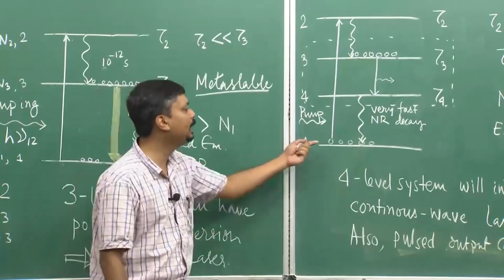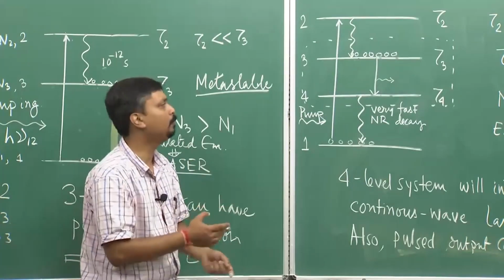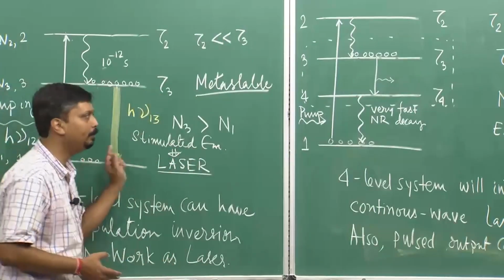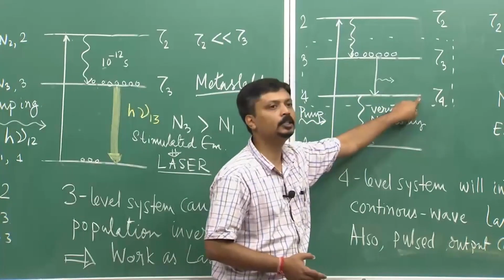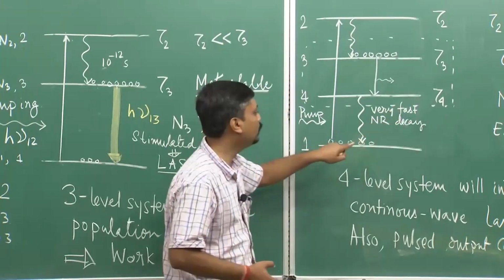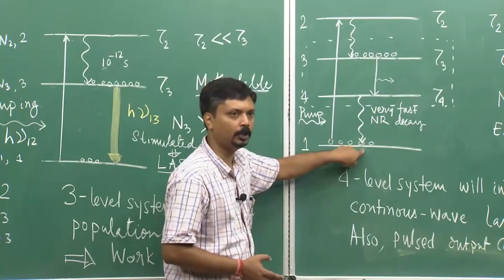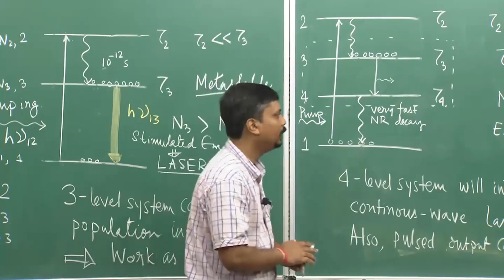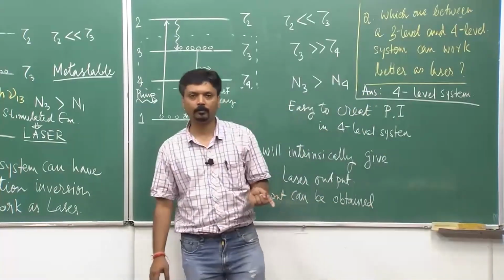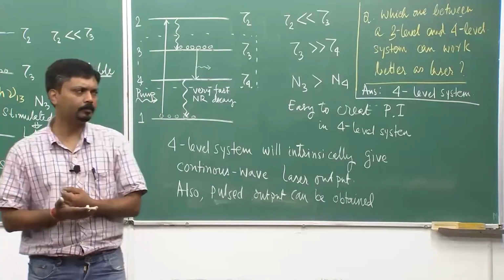So I have to use low energy if I want to get a laser output comparable to this one, only because this state is not the ground state and it is empty to start with. So I don't have to compete with a ground state population. That is why the four-level system is much more energy efficient than the three-level system.